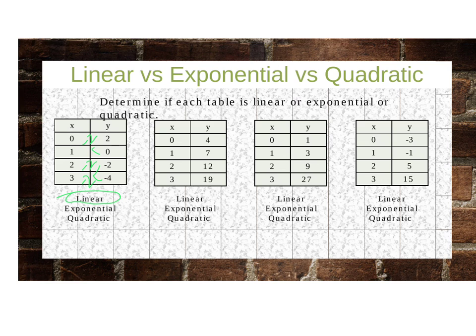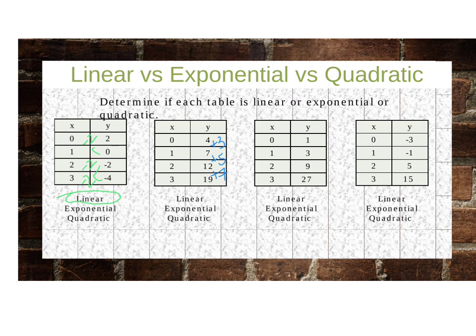All right, let's take a look at the next one. 4 plus 3 is 7. 7 plus 5 is 12. And 12 plus 7 is 19.